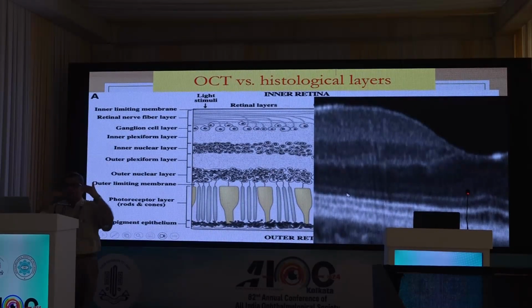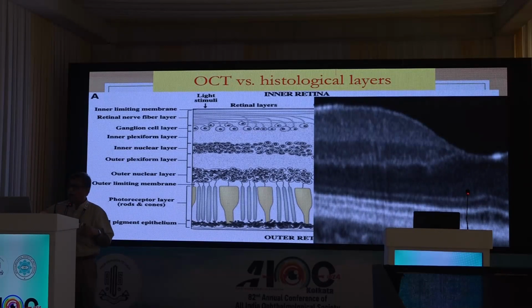And what you see over here is the IS-OS junction. Here is the interdigitation zone. So you are actually seeing a histopathological image, and you can figure out what is going on at every level if your machine is sensitive enough.